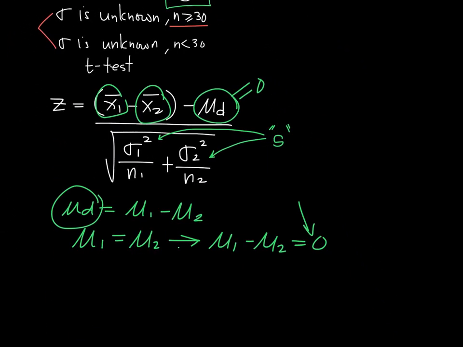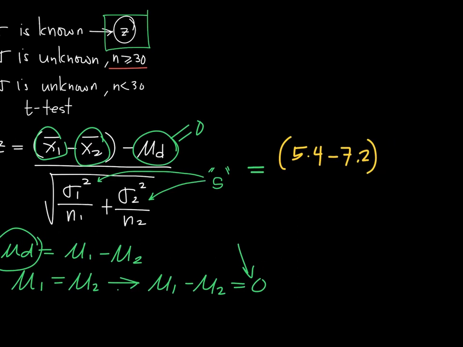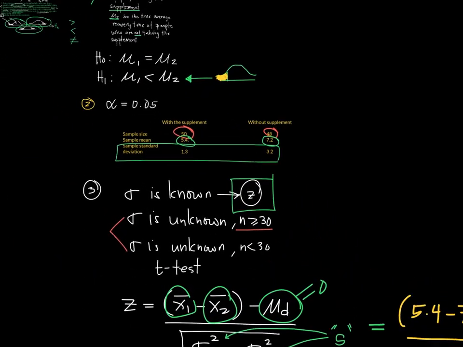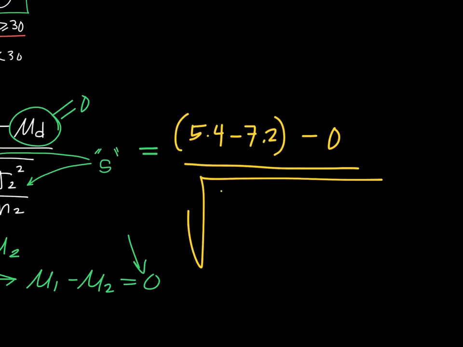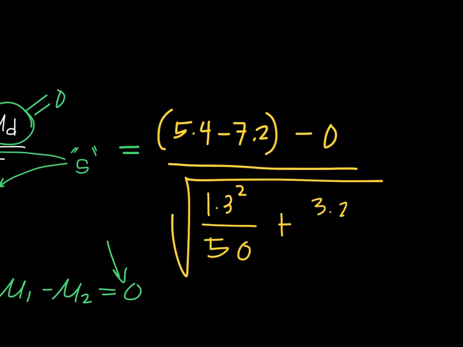So with the formula, we will be placing the corresponding values. So we have z equal to 5.4 minus 7.2 minus the mu d, which is equal to 0, divided by the square root of s1, our s1 is 1.3, which will be squared over the sample size 50 plus the 3.2 squared over the sample size 48.